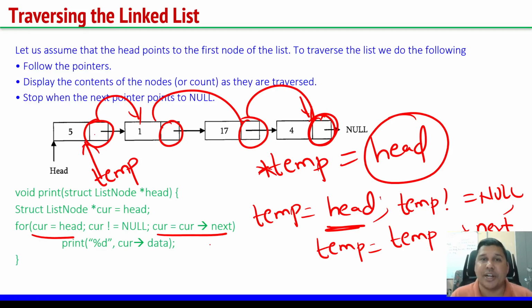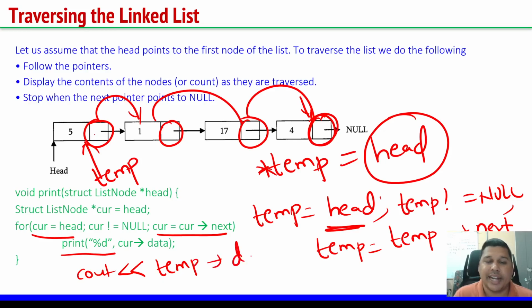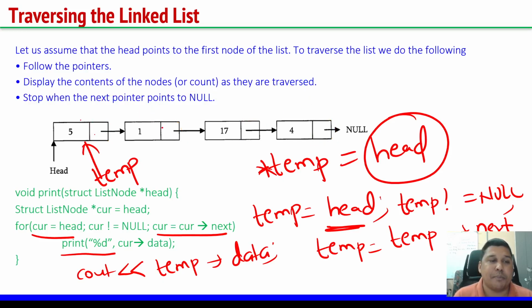And inside, every time what I am doing, I am printing with %d or cout. You can write here cout temp of data. So if you see here, initially where is my temp? Initially my temp is here. So temp equal to head, it is here. Temp not equal to null, yes, it is not equal to null.